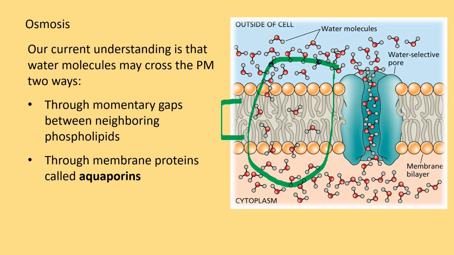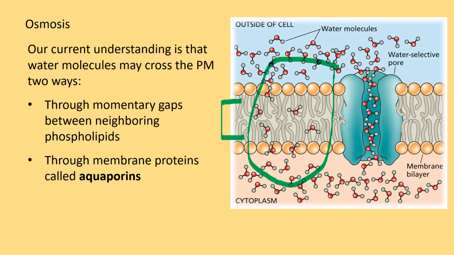They're not rigid. They're bumping past each other. They're sliding around, and occasionally a little gap between two neighboring phospholipid molecules opens up. And of course, there are water molecules everywhere outside the cell, inside the cell. There are just so many water molecules. And so as these momentary gaps arise, water molecules slip through the phospholipid bilayer.